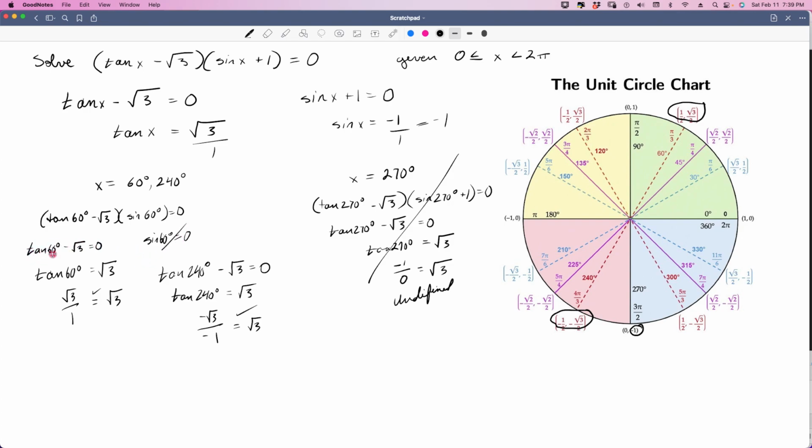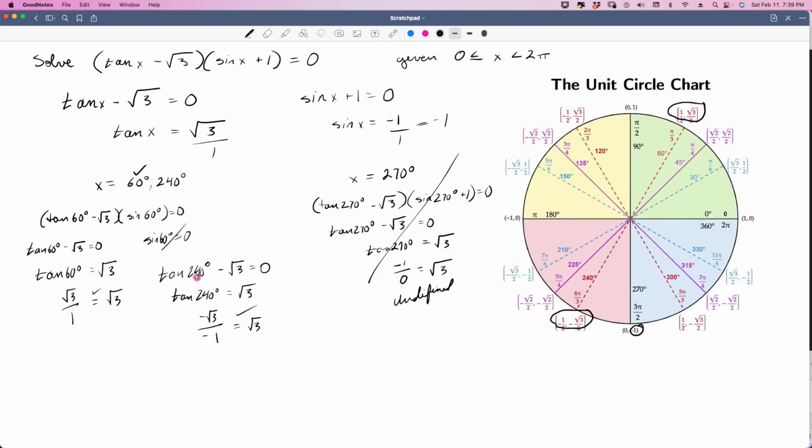However, the tan of 60 degrees minus the square root of 3 equals 0 is a true statement because the tan of 60 degrees is the square root of 3 over 1. If you look here, square root of 3 over 1. So that works out. That is the square root of 3. So the tan of 60 is a possible solution.